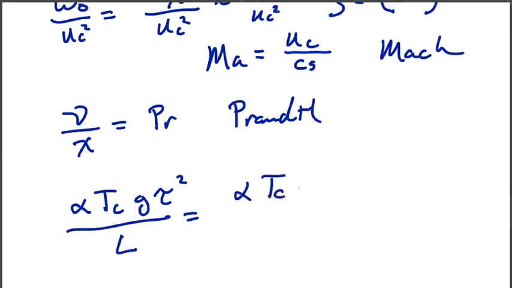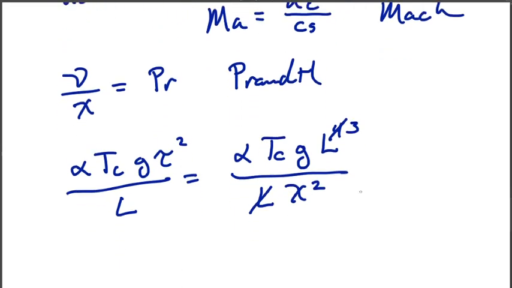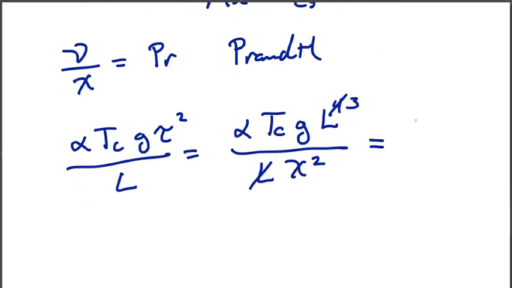This is T C G L to the 4th power over L and chi squared. One of the L's goes away here. This L cancels out at the bottom. And in total, we have this term that's alpha T C G L cubed over chi squared.